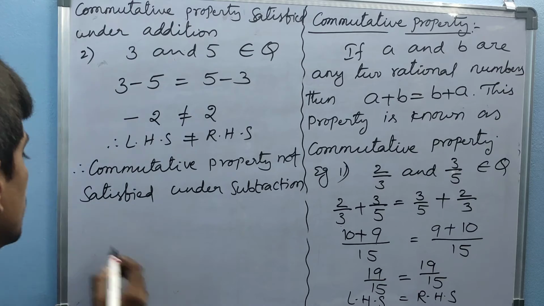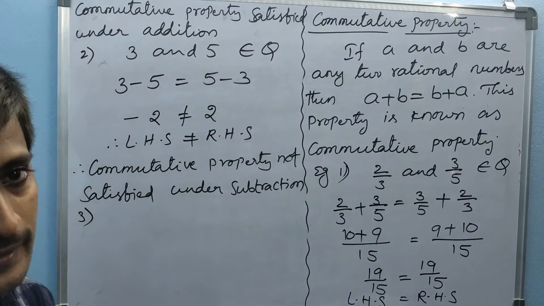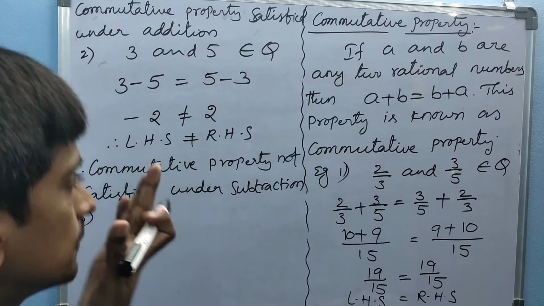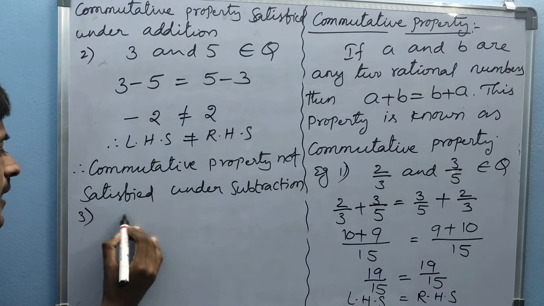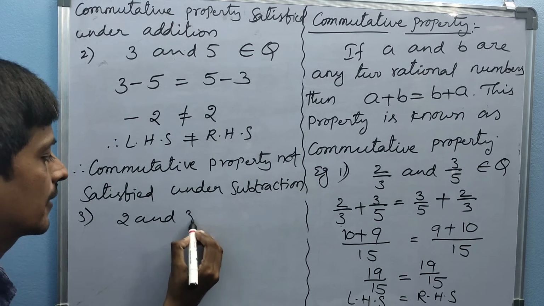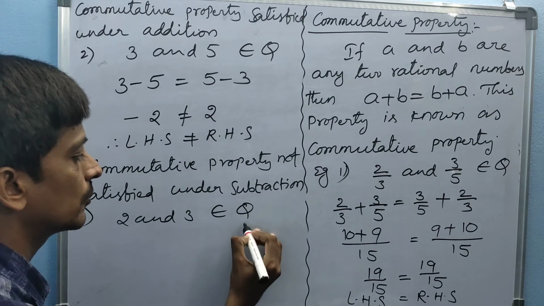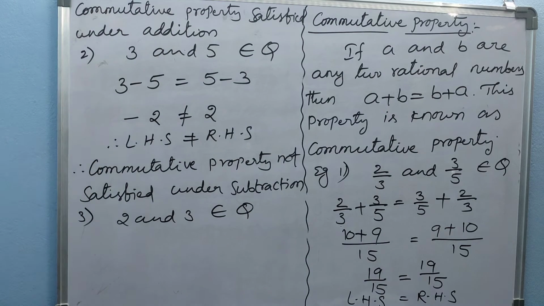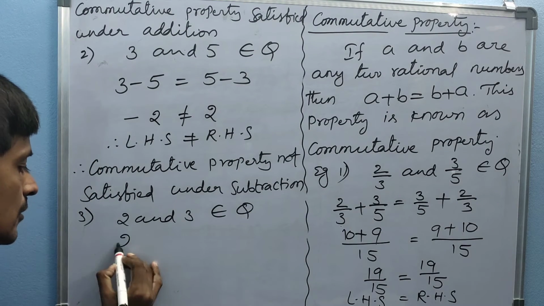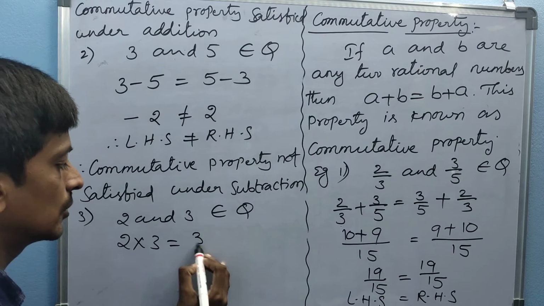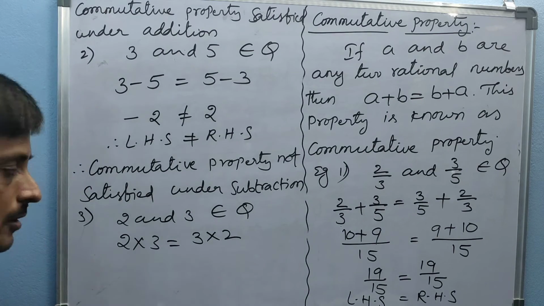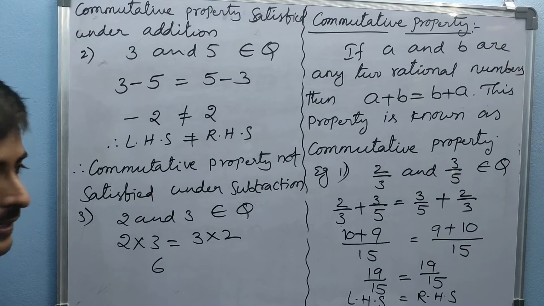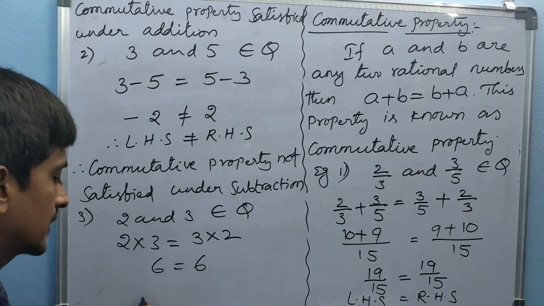Okay, the next one, what about multiplication? Take 2 and 3, which belong to Q. 2 and 3 are rational numbers. 2 into 3 equals 3 into 2. 2 threes are 6, 3 twos are 6.